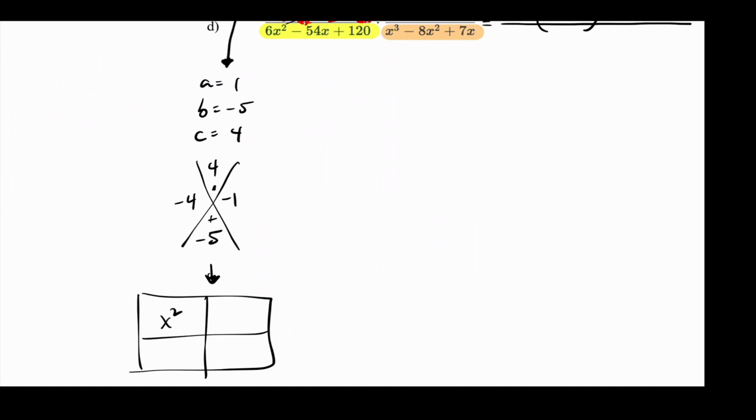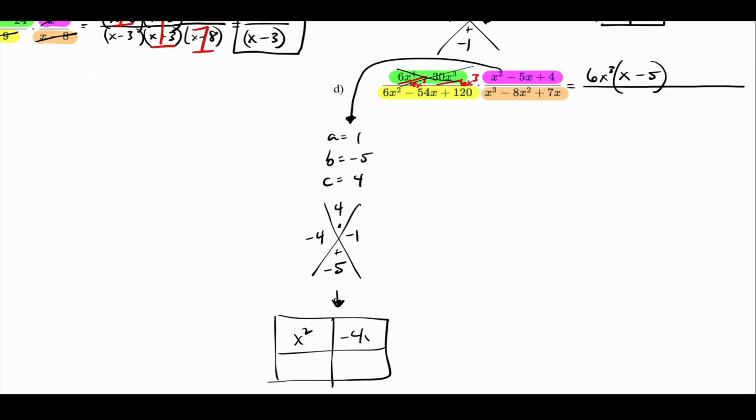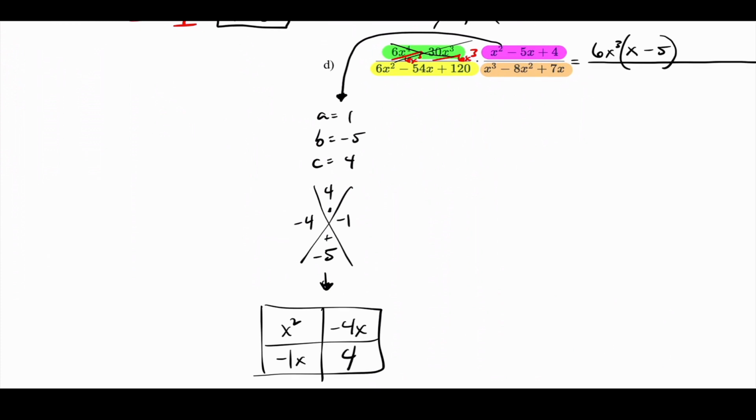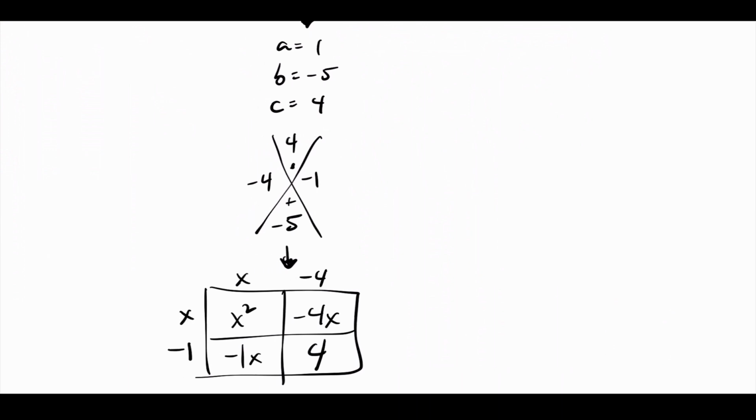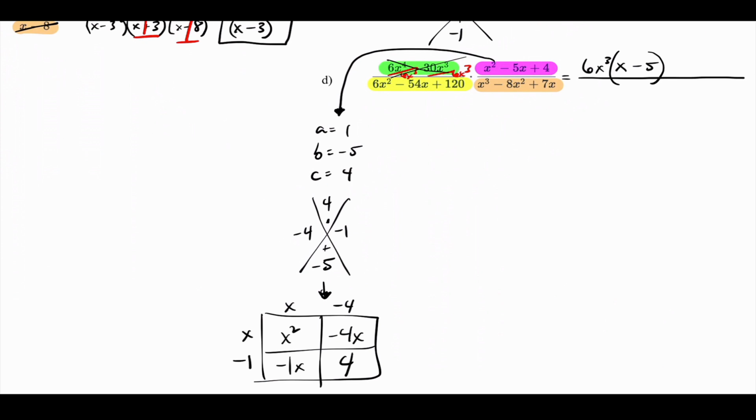So I got x squared minus 4x minus 1x, and then 4 down. Okay, so we get x minus 4 and x minus 1. Done with the pink.